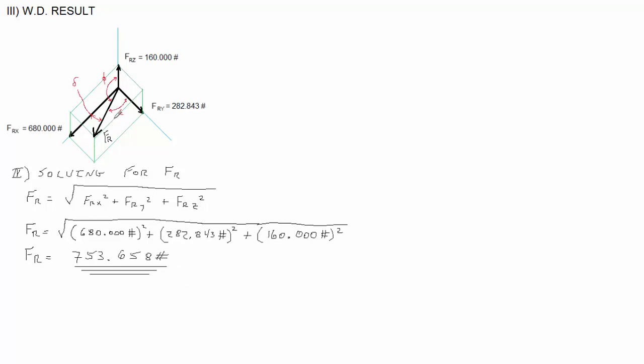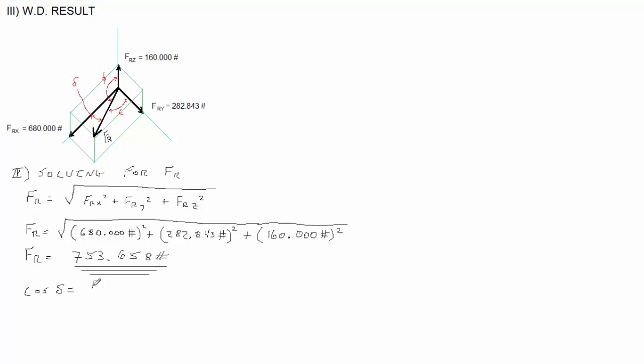Now when we look at this problem, we will see that we have, once again, three triangles. I'm going to start solving for delta. If we were to draw a right triangle, we could draw a right triangle between the x-axis, FRX, FR, and then a diagonal line between the two. So that would be my right triangle right there, and its angle is delta. So solving that right triangle, we could say that the cosine of delta equals adjacent over hypotenuse.